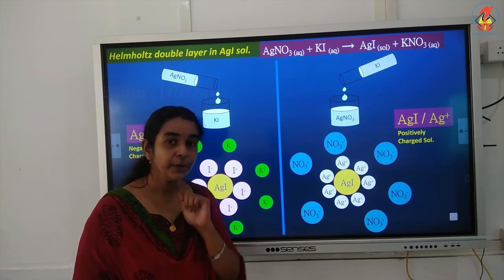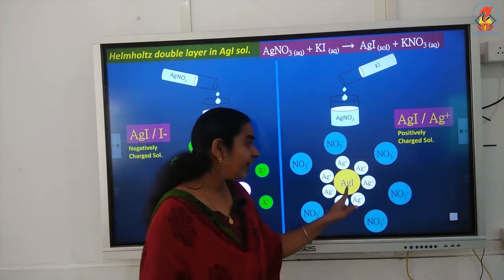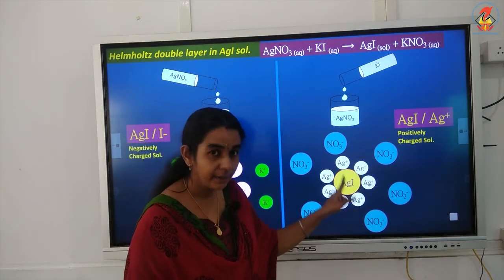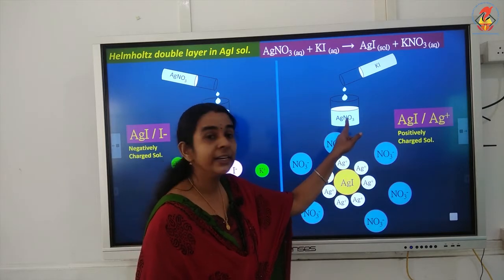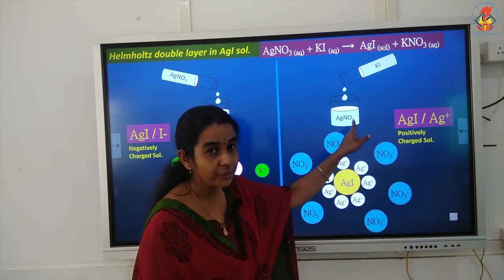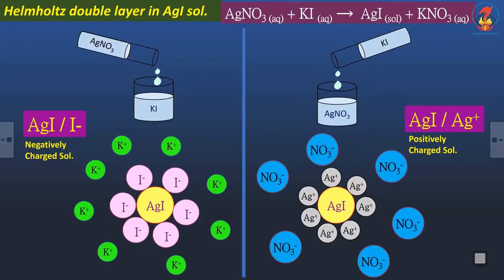But when you compare the AgI precipitate formed here with the dispersion medium, what is the dispersion medium? AgNO3, which has a common ion here. If you compare the precipitate and the dispersion medium, it is Ag plus ions.